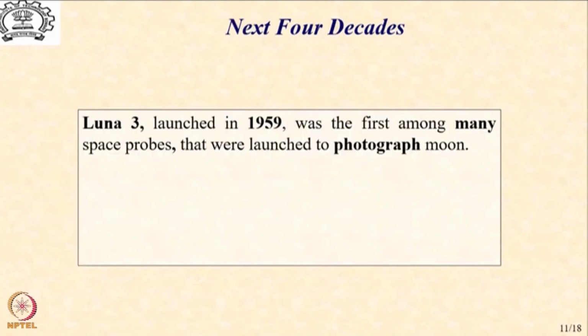The next 4 decades, that is 1960 to 2000, were very productive in space technology, starting with Luna 3, which was launched in 1959, one of the many space probes that were launched to photograph the Moon.